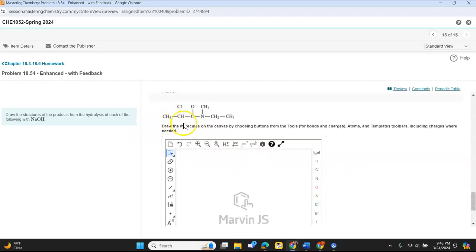So just copy down the carboxylic fragment as it is. To do that, I'm going to take this. So I have CH3CH and take a bond and a chlorine atom here, and the carbonyl group.